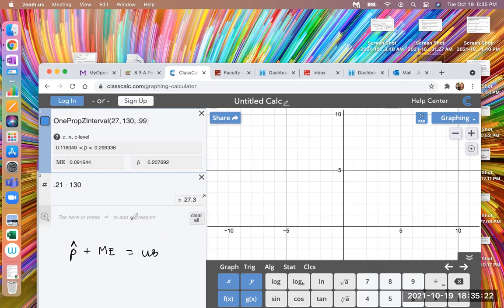Let's say this is p hat in the middle. They add the margin of error, and then they get the upper bound. And the way they get the lower bound is they take the sample proportion, and they subtract that same margin of error, and that's how they get the lower bound.